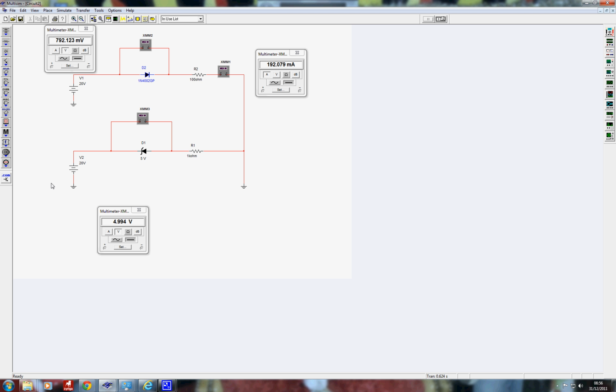Of course, if the voltage was to drop below 5 volts, the Zener would stop conducting. So we need at least 5 volts to get this one to conduct. But once it's conducting, once it's doing its job, the voltage across it will remain stable at about 5 volts.